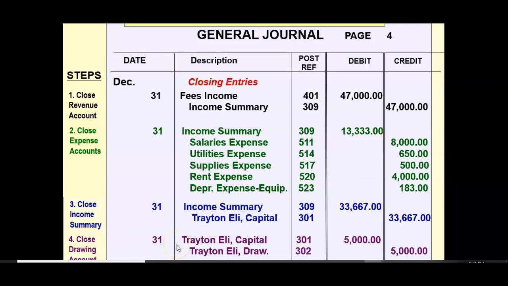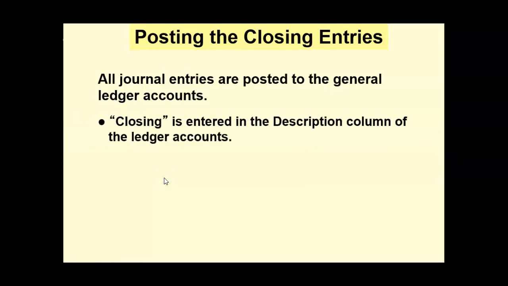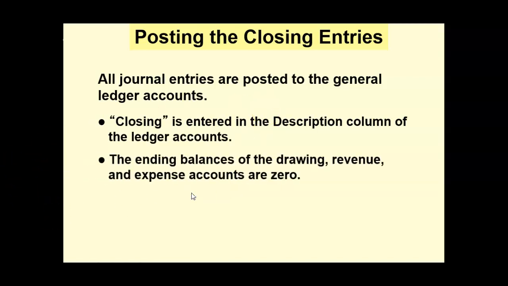So we went through all these different steps in part one of our video lecture. We now want to go through the posting process of posting the closing entries to the appropriate ledger account. Every journal entry we just saw, each account involved in the closing entry process, has to be posted to the appropriate ledger account.